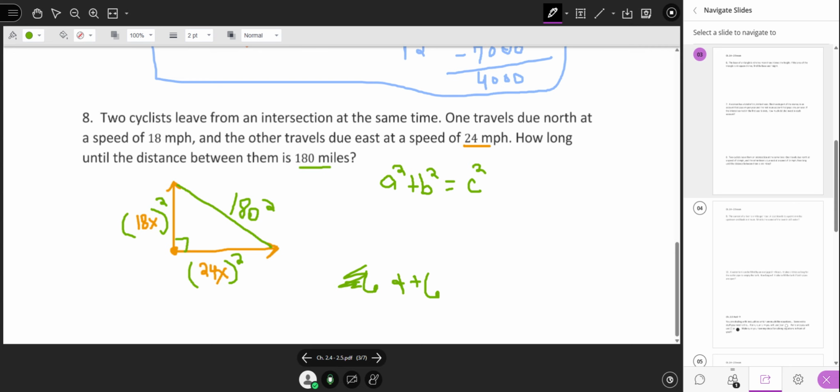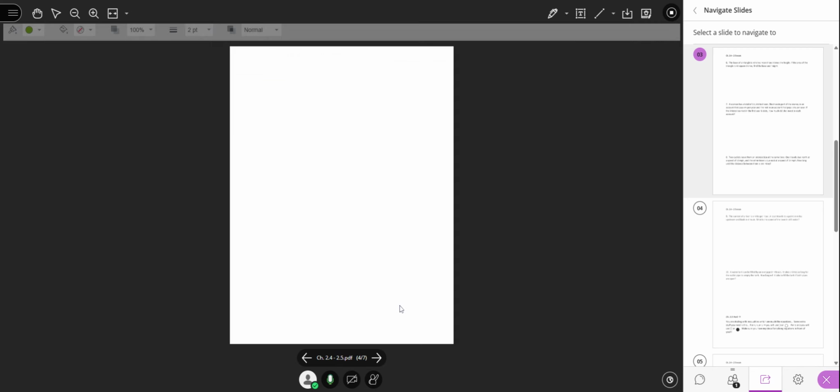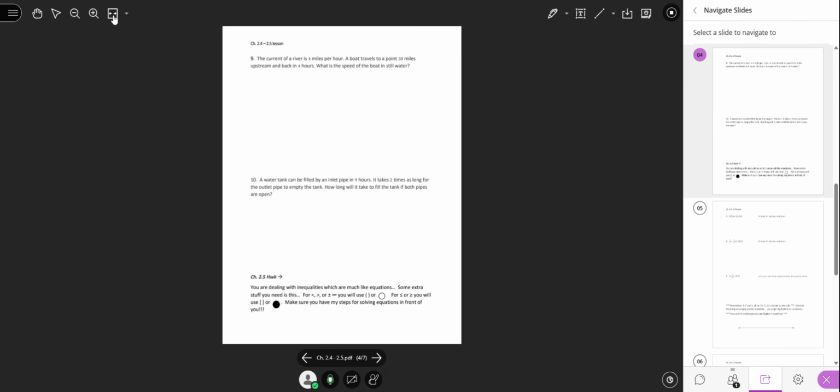Remember, time is not negative until you get to chemistry. Distance and time in chemistry is negative in certain situations. But for us, we're only dealing with the positives. So that's it. So that one's quick and easy. I like that one. Nice and dirty.